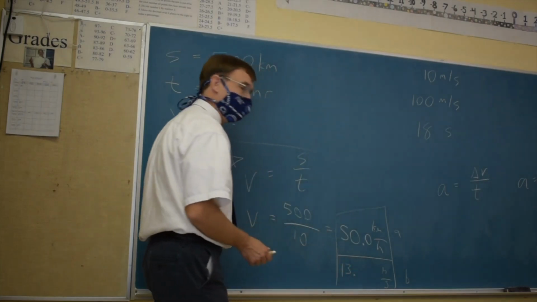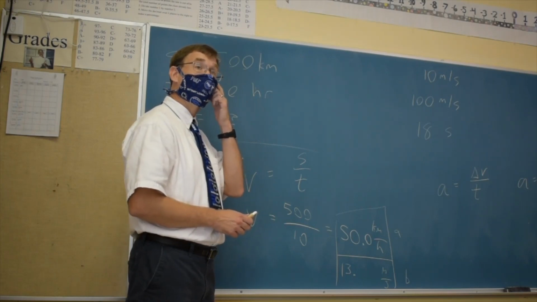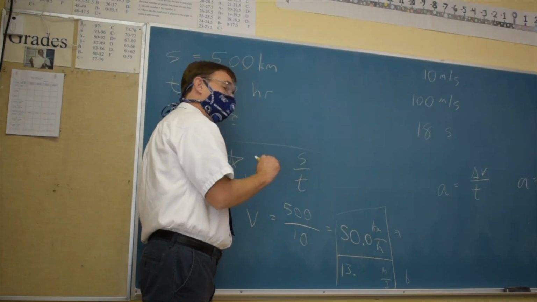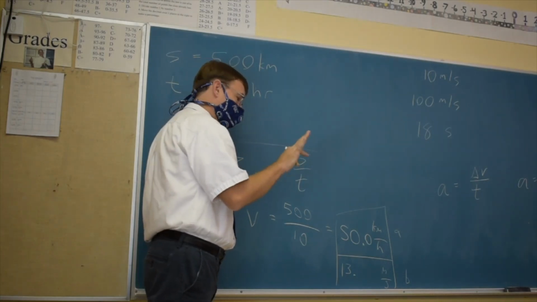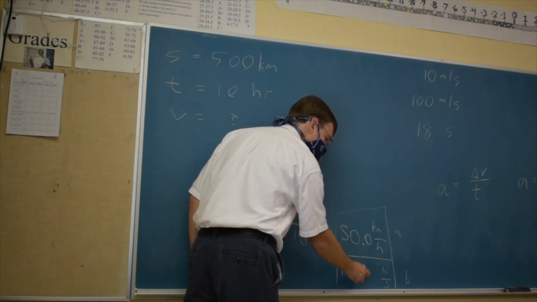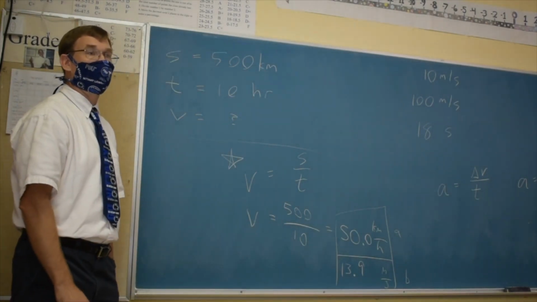It's 13 point something. Is it a lot of 8s? Okay, so if it's 13 point and a screen full of 8s, I want how many digits? 3, always 3. So keep the 1, keep the 3, keep the decimal, and then if you have a bunch of 8s, we round to 9. Question about that?